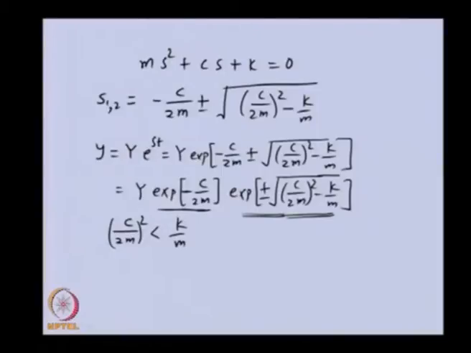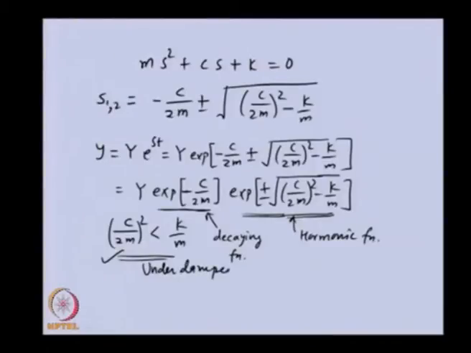All other c and m are positive. So, this expression gives us a decaying function, and for this condition this is a harmonic function. And for this particular case we call it an underdamped system, which is generally the case.